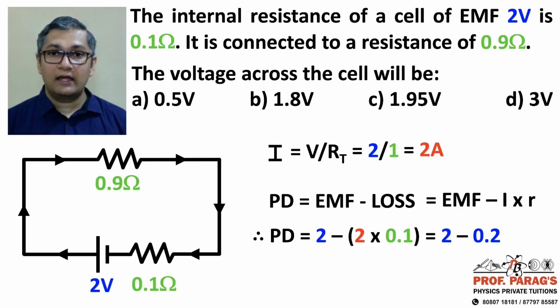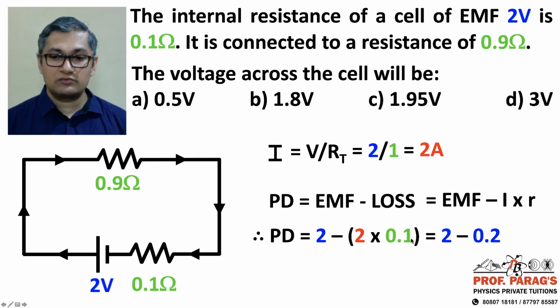And what about the resistance? It is not the entire resistance here. I just want to find the loss. So I'm not going to use this 0.9 as well as this 0.1. I want the loss only within this 0.1, so I'm going to use 0.1 for the small r value. So it's 2 amperes into 0.1 ohms.